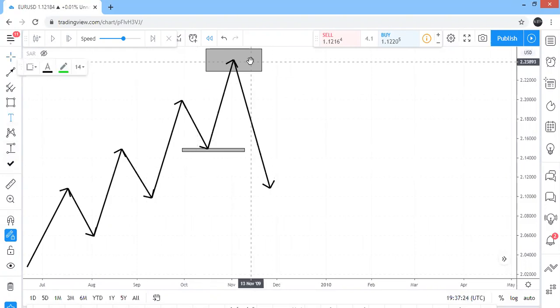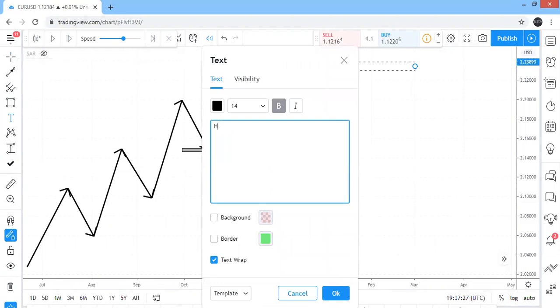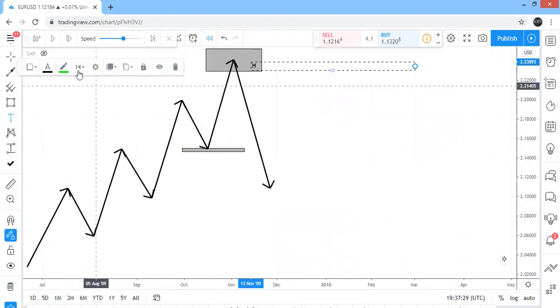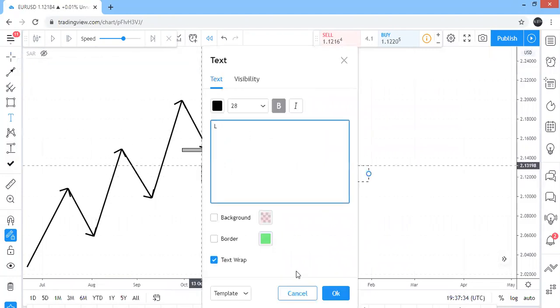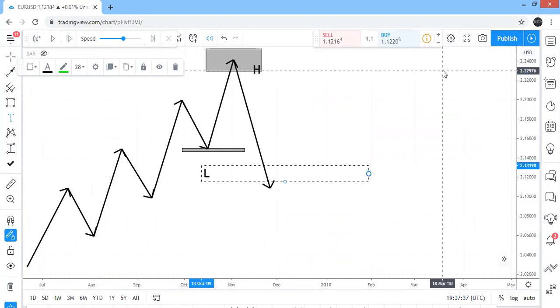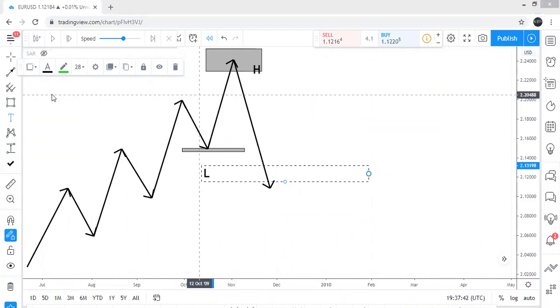If this is a high and this is a low, what type of high are we looking for to validate that this is now a trend reversal? We are looking for, very good, a lower high.